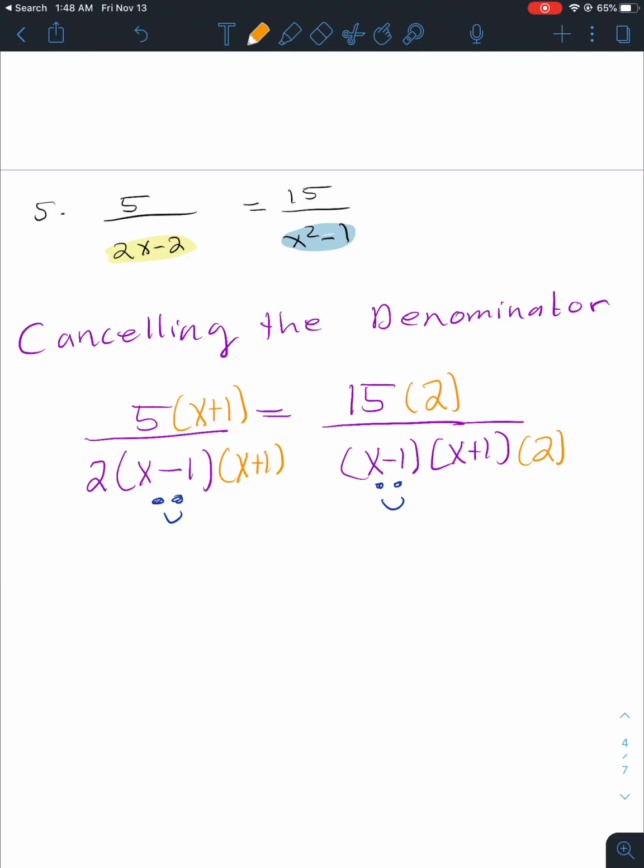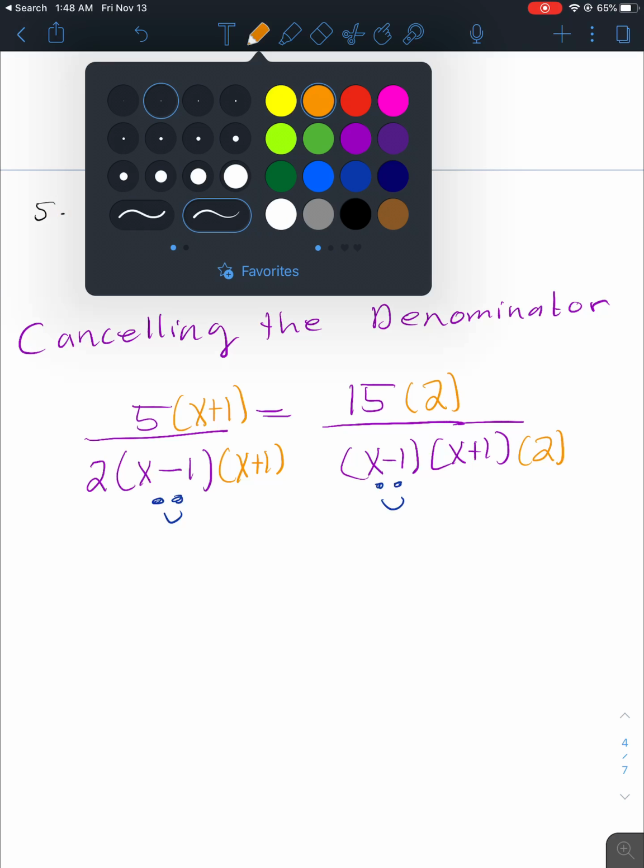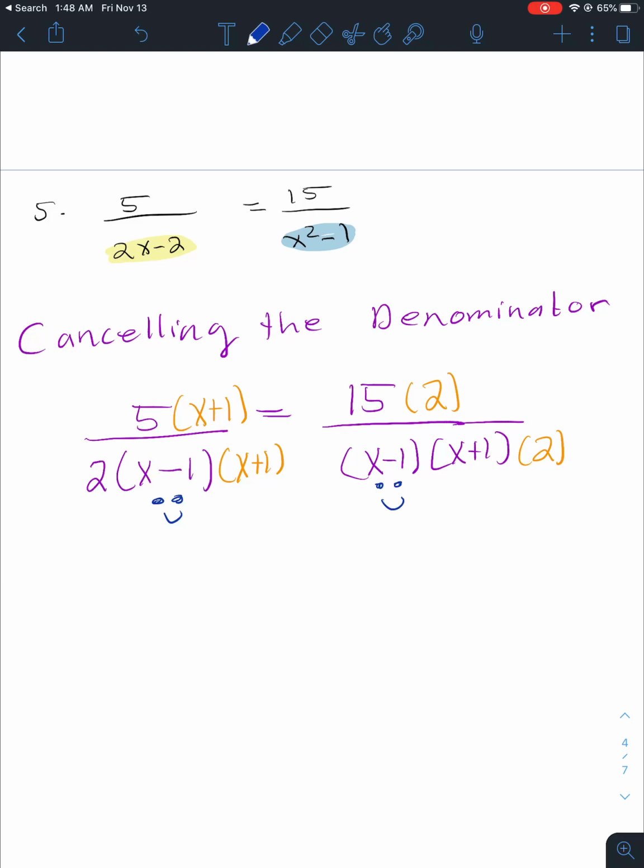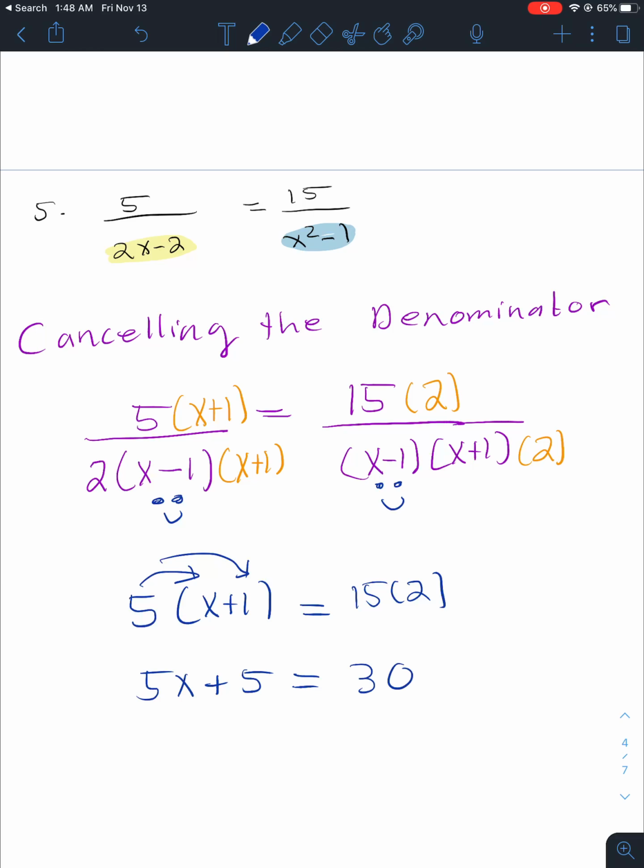So if we look at our denominators, we see that they're both the same. So you can ignore the denominators and just set the top equal to each other. And when you do this, let me not just do shortcuts. When you distribute, you get 5x plus 5 equals 30. Subtract 5.